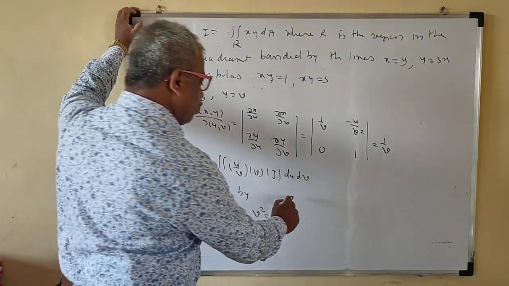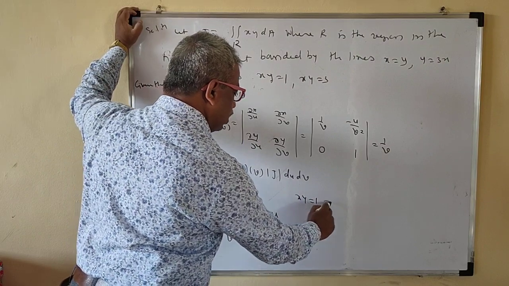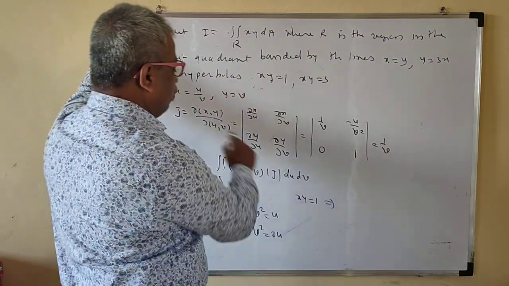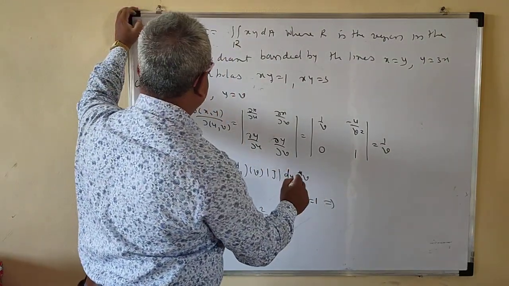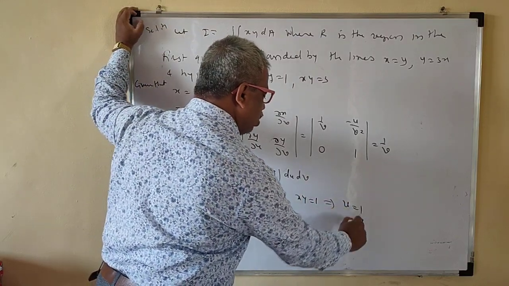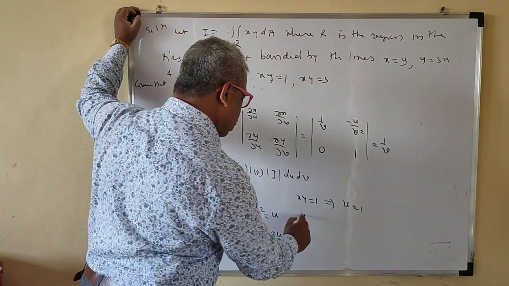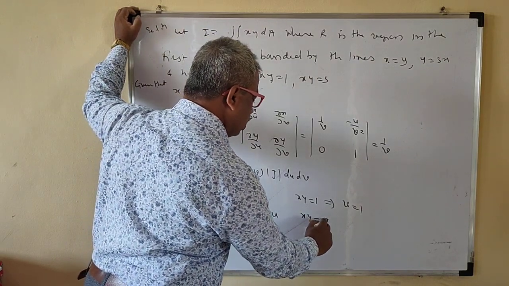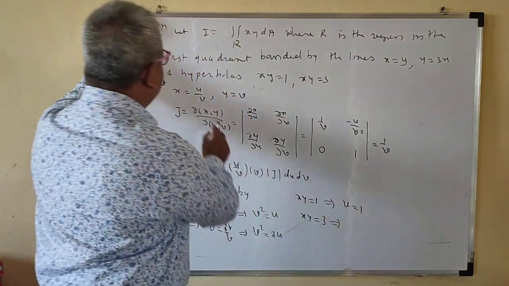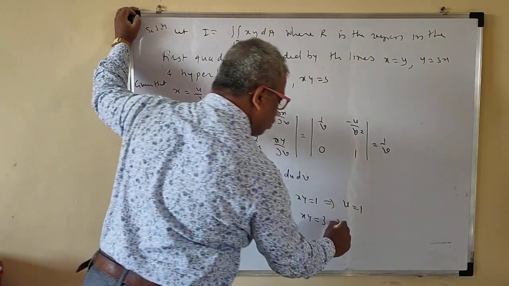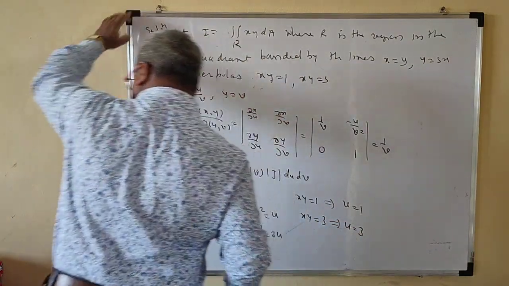Then xy is equal to 1 implies that xy, so the v will get cancelled, implies that u is equal to 1. Now then xy is equal to 3 implies that x into y is u, so u is equal to 3. Right?